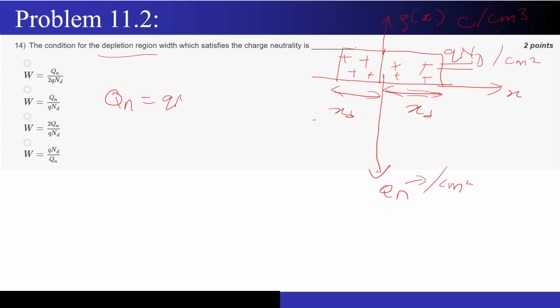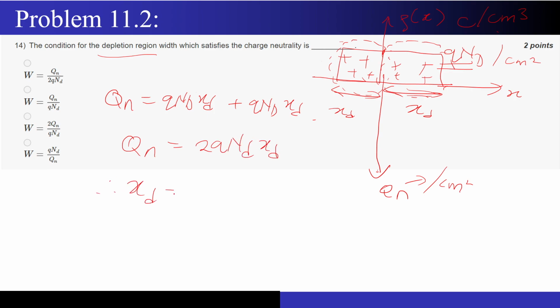So q nd times xd is just for the left side rectangle that I am highlighting over here. Similarly the same will happen for the right side rectangle, so I add the same thing, q nd times xd. So your Qn became 2q nd times xd.